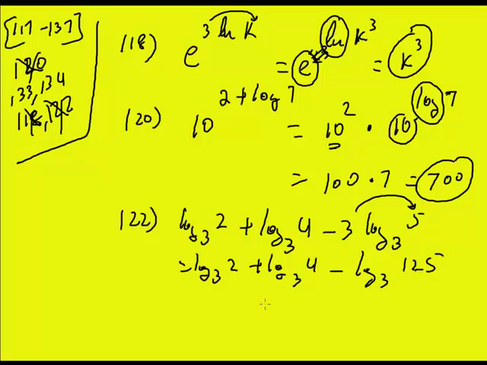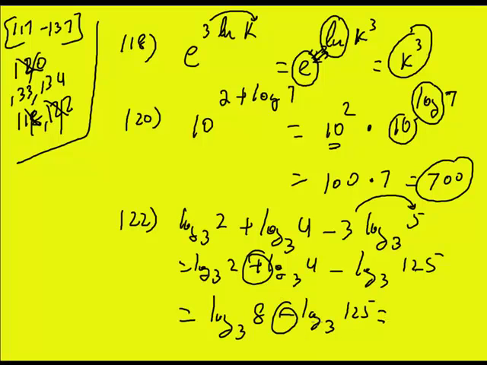Now I'm just going from left to right. In logarithms, addition means multiplication, so this is log base 3 of 8 minus log base 3 of 125. In logarithms, subtraction means division, so that's log base 3 of 8 over 125.